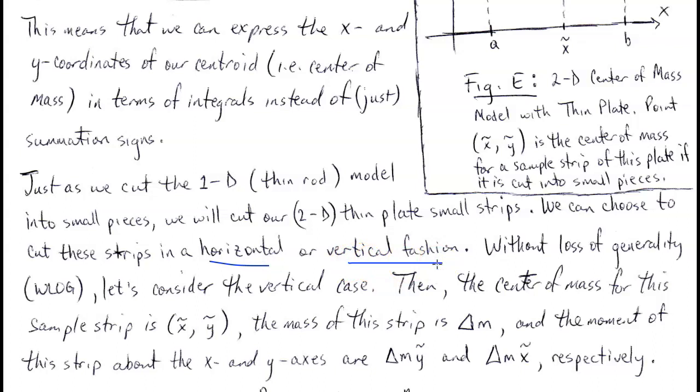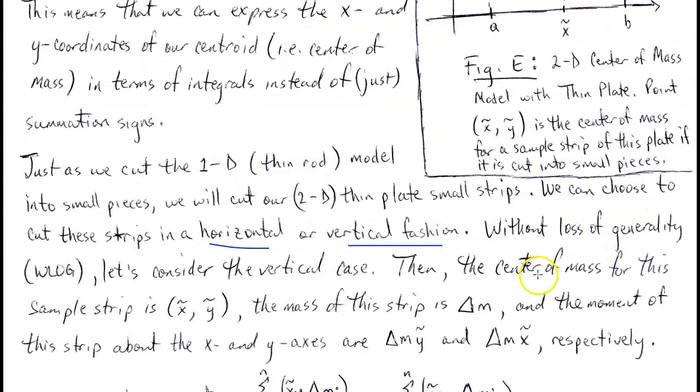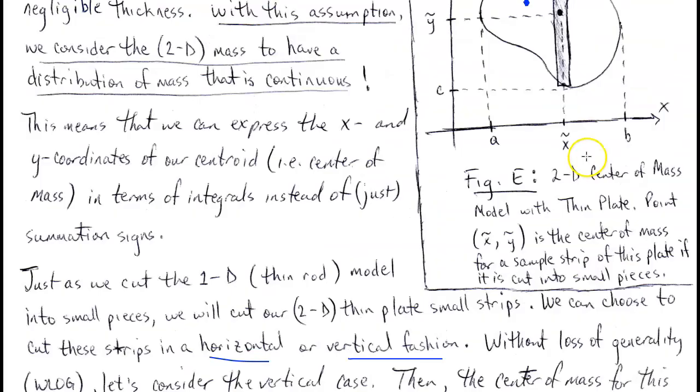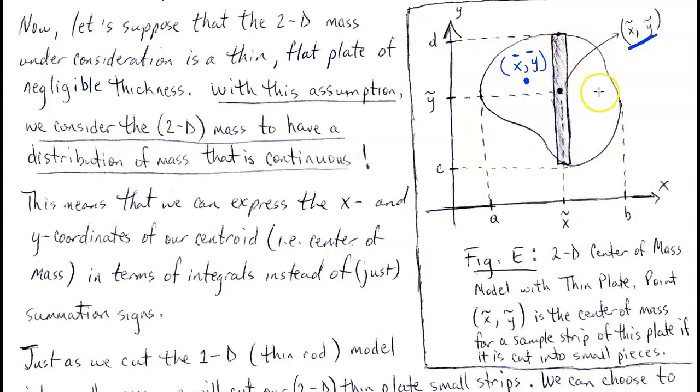That's important because, depending upon how your thin plate is defined, sometimes it may be easier to model your situation with horizontal strips, and other times it may be easier with vertical strips. In some of the examples we'll do, I'll show you what that looks like when we do it one way versus another. Now, without loss of generality, I'm just going to look at the vertical case only, because I've drawn this particular figure in figure E with a vertical strip.